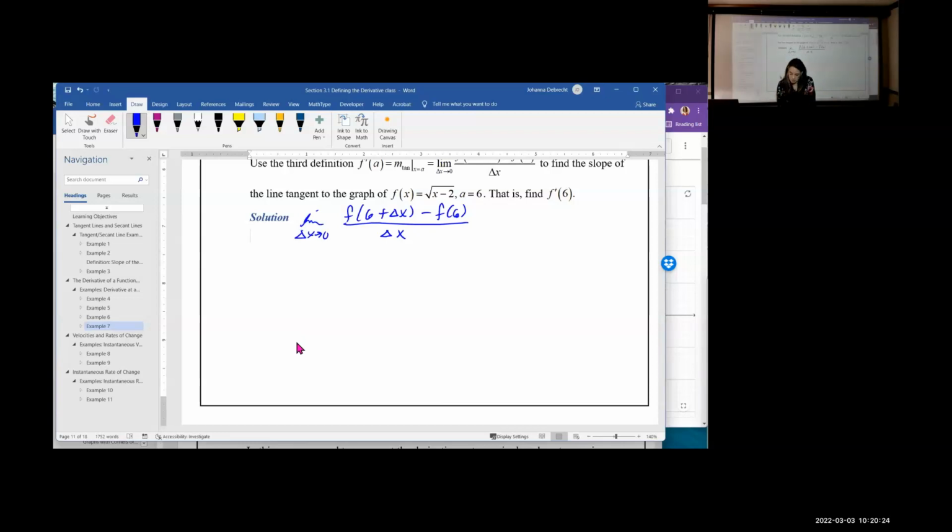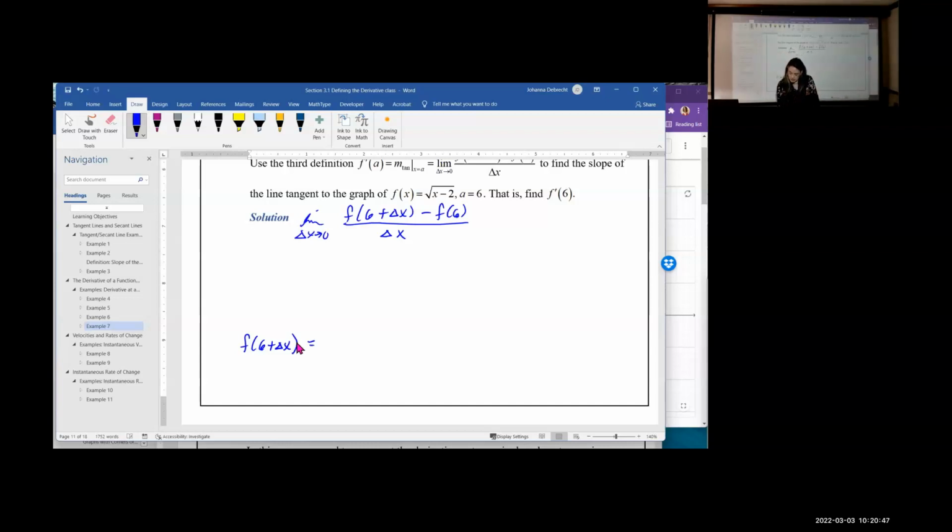And so when you plug in, there's more to do. So when we come over here, we're going to want to figure out what f of 6 plus delta x is going to look like. And delta x, again, don't think of delta x as two things, delta and x. It's one thing, delta x. It represents one value. It's not two variables.